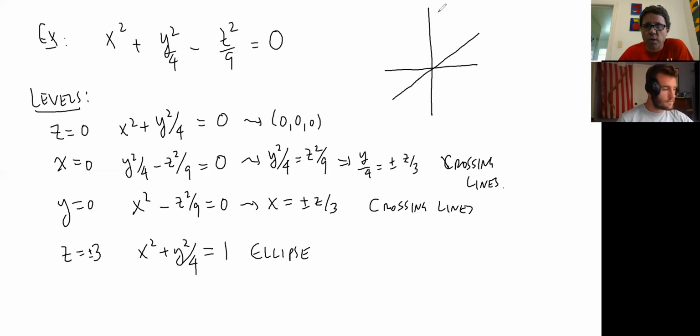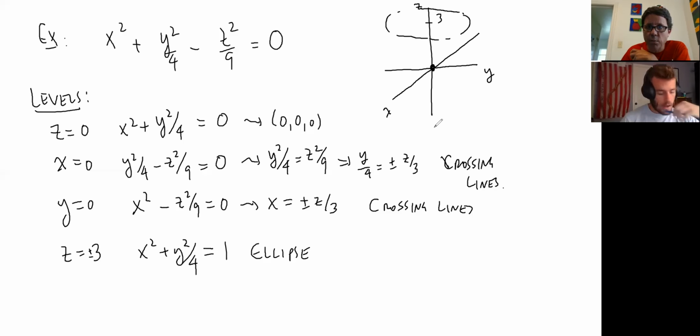I do think I want z up. So if z is at the top, x is out, y is out. I get the origin, and that's the only thing I get at level 0. If I'm up at level 3, I get an ellipse, which is 1 on the x-axis and 2 on the y-axis.